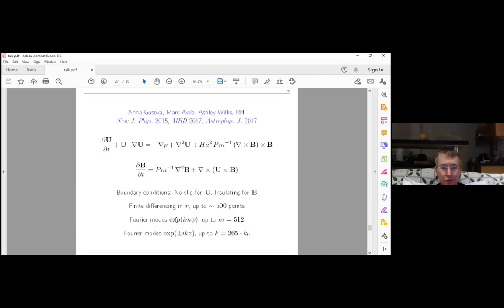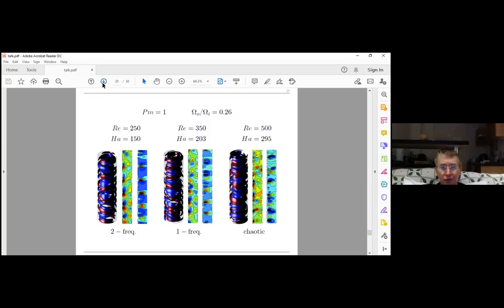You can see these are the sort of resolutions that we had: hundreds of points in the radial direction, hundreds of Fourier modes in phi, and hundreds of Fourier modes in the axial direction z as well. So we did lots and lots of fully 3-dimensional calculations.